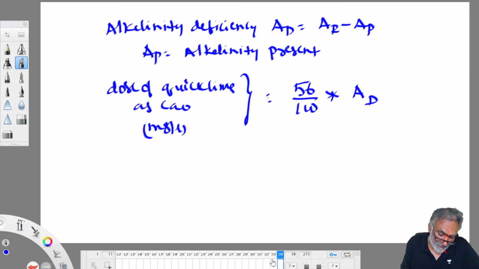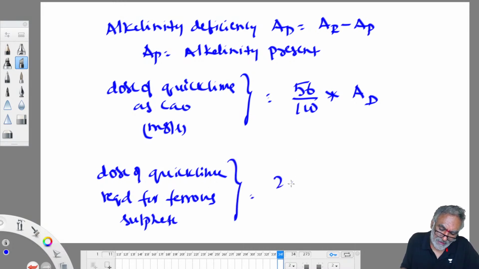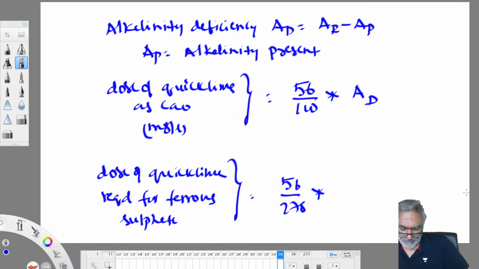This is one question. If ferrous sulfate is used, what is the quick lime required for ferrous sulfate? So the dose of quick lime required, in case ferrous sulfate is used as a coagulant, is 56 by 278 into the dose of ferrous sulfate. 278 parts of ferrous sulfate require 56 parts of CaO.